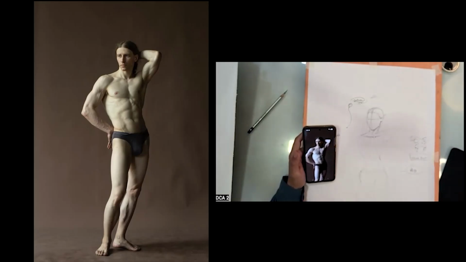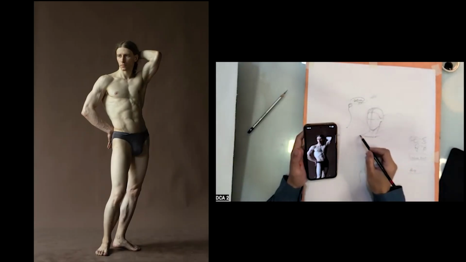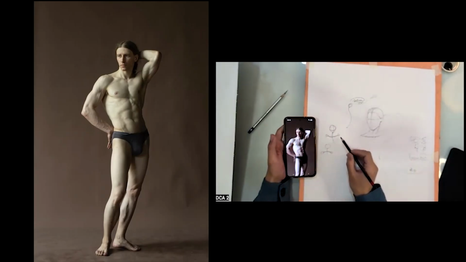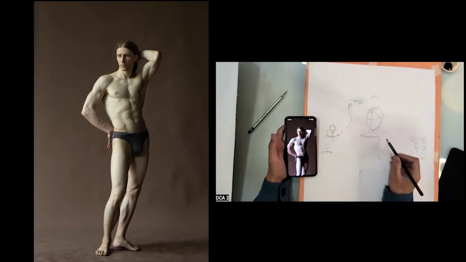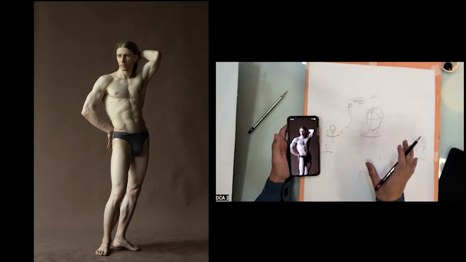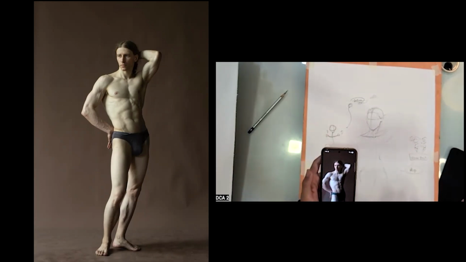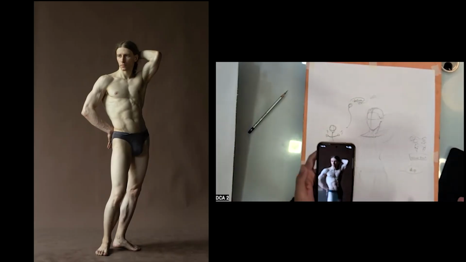This is the reason why I did not choose a reference right now with a piece of cloth, so that we can look a little deeper into it. So here the bone is a little bit upwards, and that shows the shoulders, not the hands, are a little bit raised.